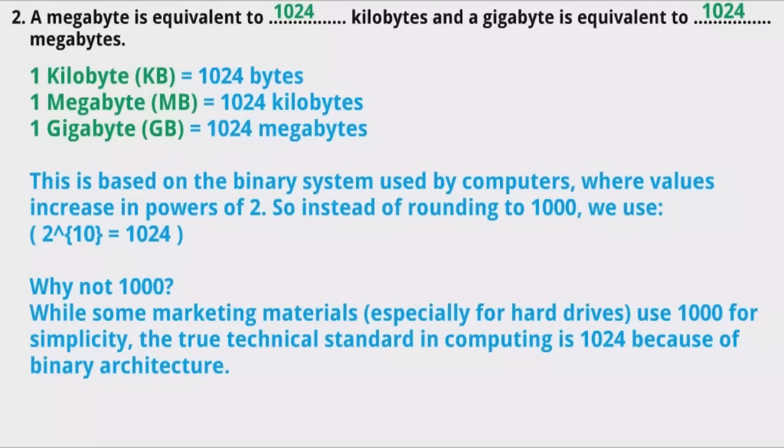This is based on the binary system used by computers where values increase in powers of 2. So instead of rounding to 1,000, we use 2 to the power of 10 equals 1,024. Why not 1,000? While some marketing materials, especially for hard drives, use 1,000 for simplicity, the true technical standard in computing is 1,024 because of binary architecture.